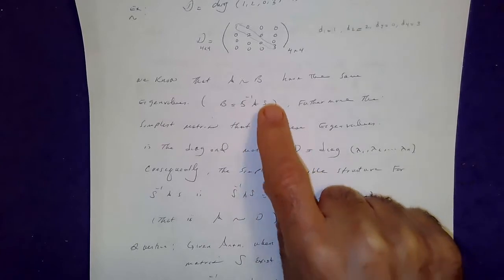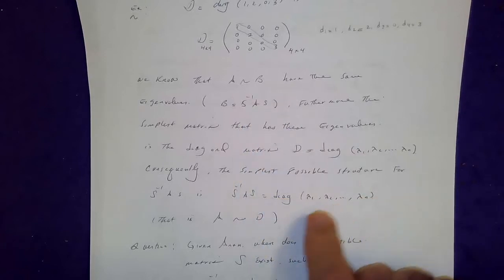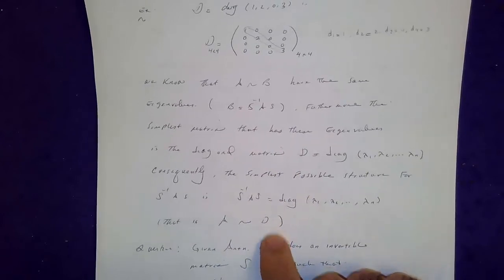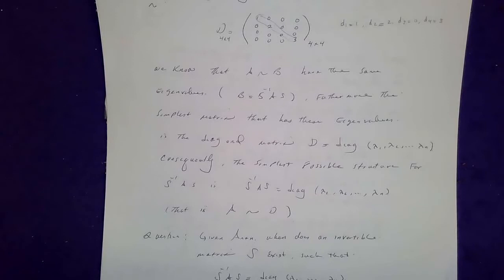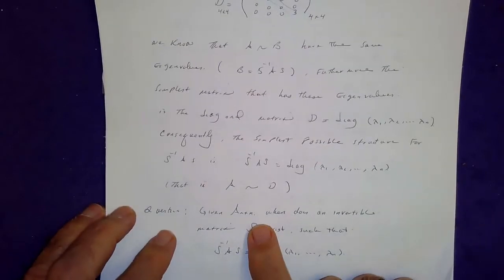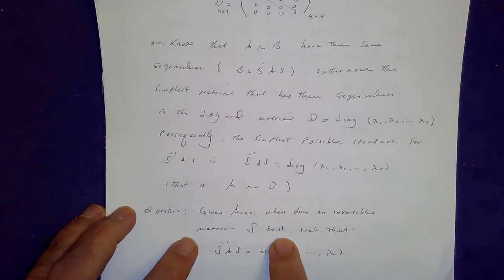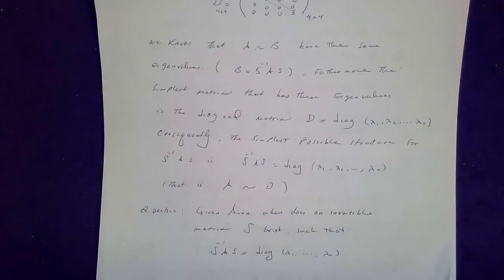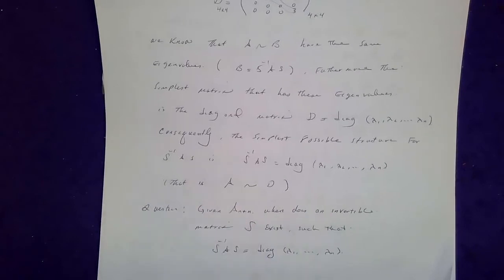In other words, we're trying to show that what? This guy is similar to the diagonal matrix. Consequently, that would be the same as showing that A is similar to a diagonal matrix. So the question is, given an n by n matrix, when does an invertible matrix S exist such that S inverse times A times S is the same as a diagonal matrix whose main diagonal elements happen to be the eigenvalues of matrix A?